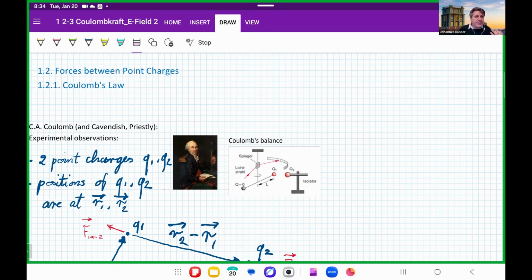So the force on this very large charge, will it be larger than on the small charge? Will it be smaller, or answer C, will it be equal?